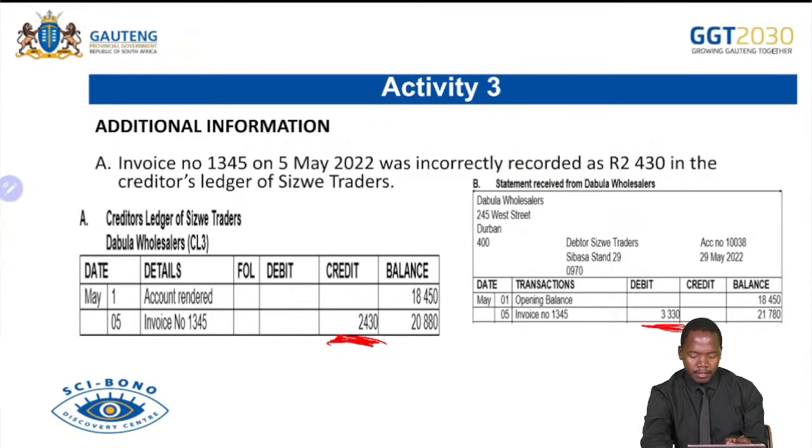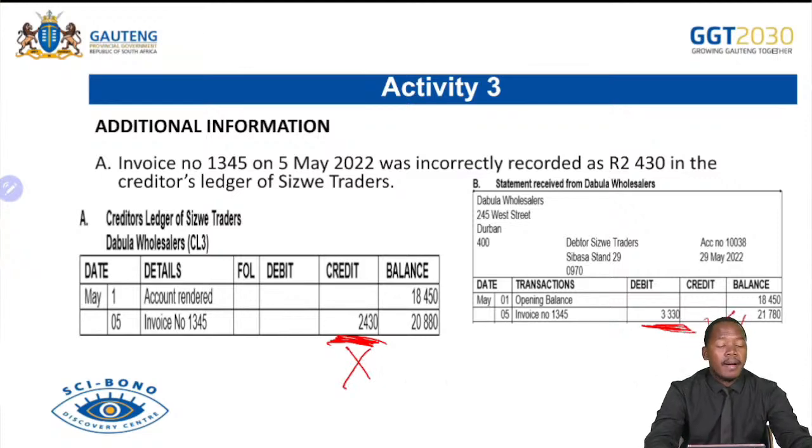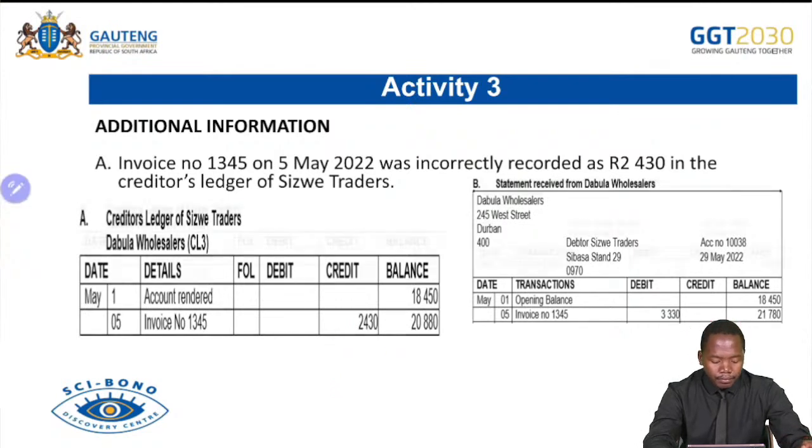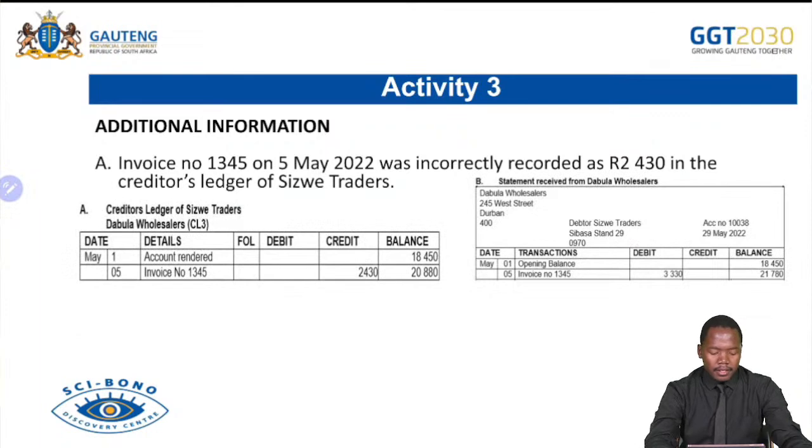On our side, it's showing as 2,430. Right. Now, what we've done here, they are saying we have incorrectly recorded it, but they've correctly recorded it. Remember, this is what you do when you write your exam. You need to highlight what you need. Now, let's look at the information. We're having our information there, as I have stated.